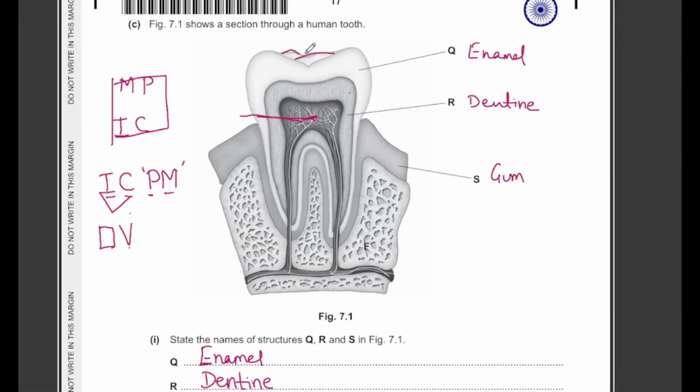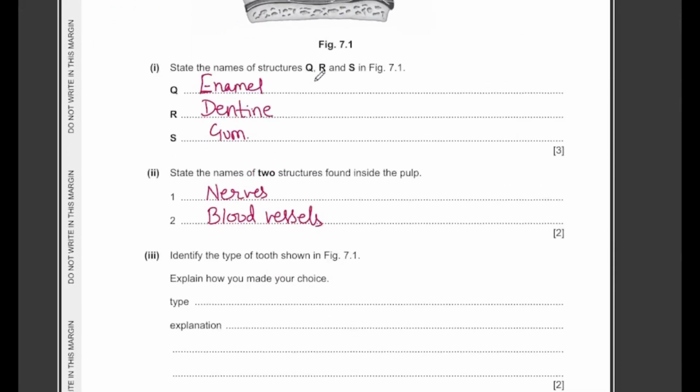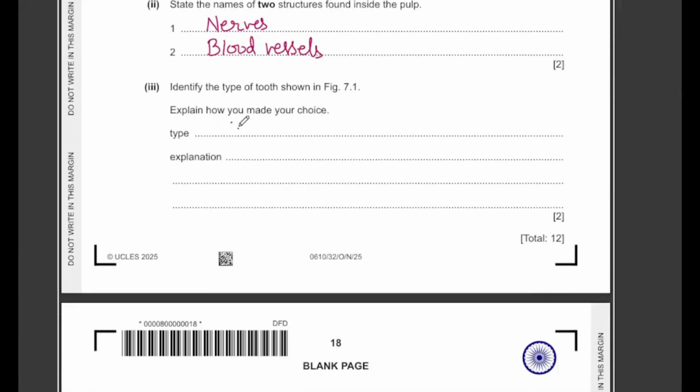So they help in grinding. So what we will write here is molar, okay, the top area is flat and used for grinding.